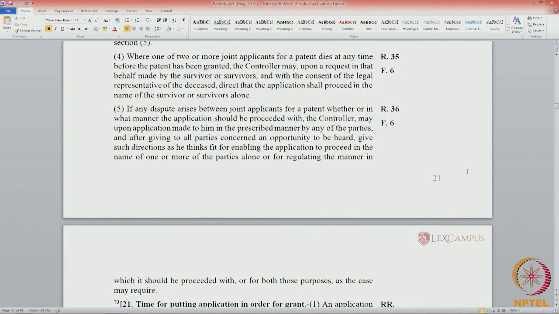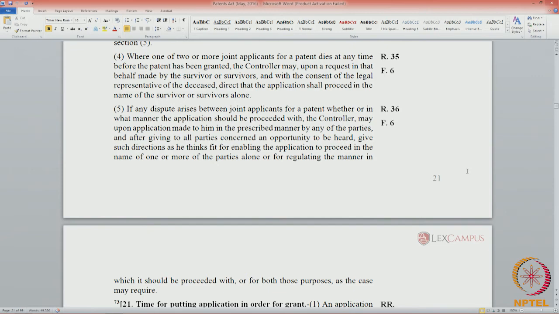Or it can say that it shall proceed in the name of A, B and C, but they should not do anything to stall the process. They can say that it should proceed further, because sometimes one applicant can stall the process. He can say that I am not interested, or he can go to the court and say that I filed a case, till that is decided, do not prosecute. So many things can happen. So, he can give a direction as to in whose name it should go, or the manner in which it should proceed. Both these things can be done by the controller.